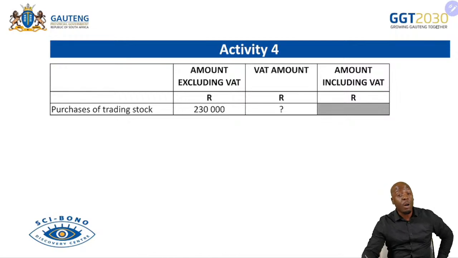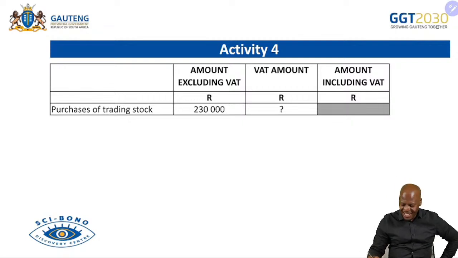Purchases of trading stock. We've purchased some trading stock. Input, output, purchases? Thank you. Answers are coming in now faster. Someone is saying purchases is input VAT. So what we want is the VAT. VAT is always 15, remember?